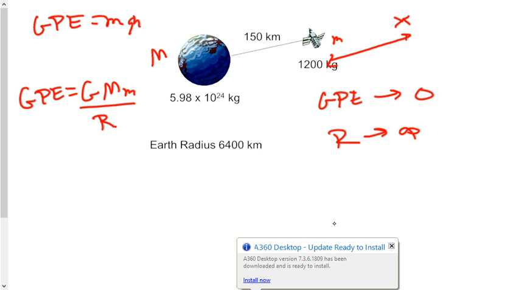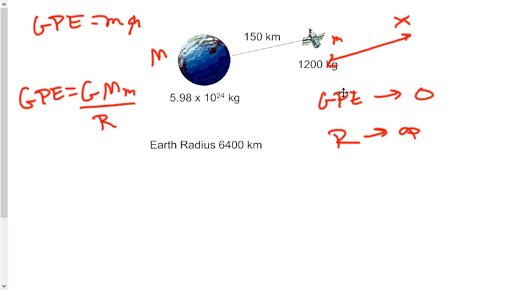So if I want to calculate the escape velocity from any planet, I'm going to set kinetic energy equal to gravitational potential energy. Because whatever velocity I have to escape from the Earth, I need to use it all up and convert it all into GPE, and we want to be infinitely far away when we're done.